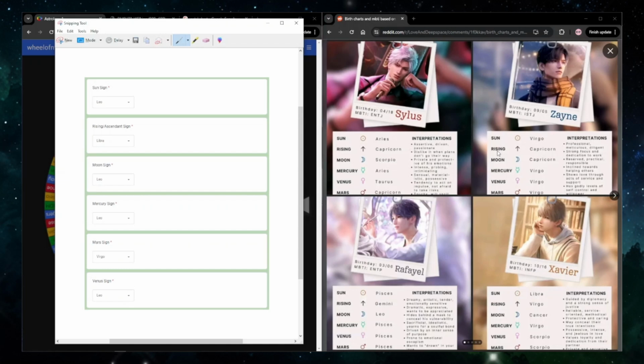So your sun sign is in Leo and his sun sign is in Aries. So that would work. Your moon sign is in Leo. His moon sign is in Scorpio. Okay, so this is where I see your first point of tension.